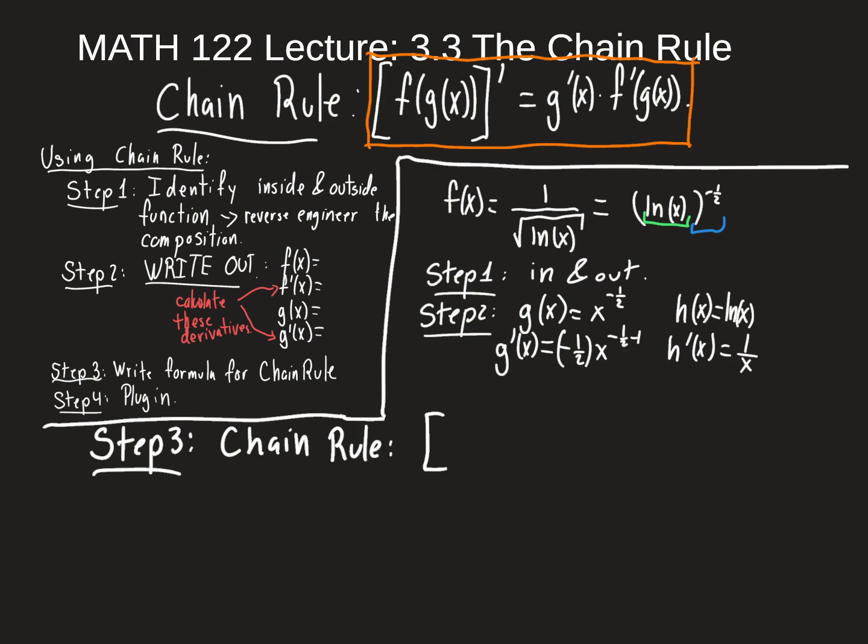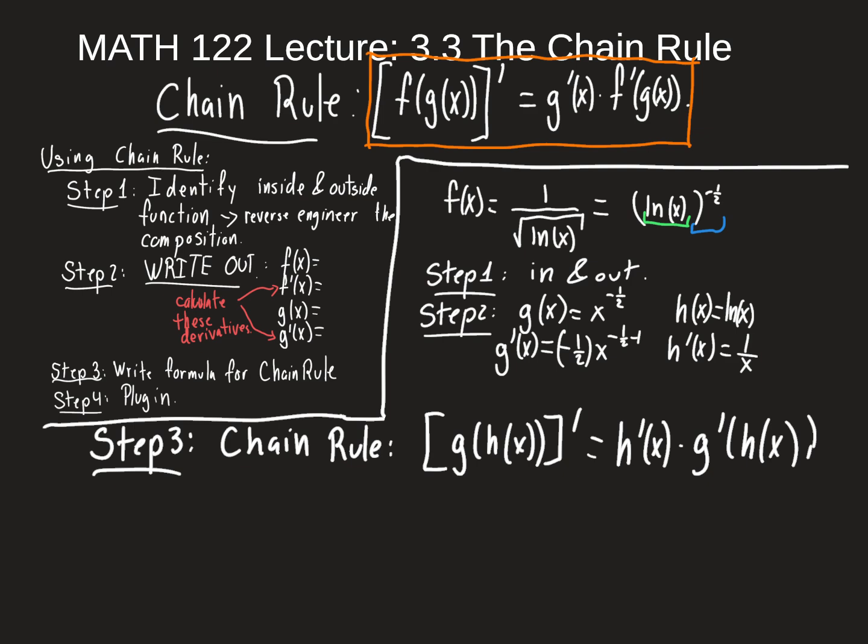So this time it will be the derivative of g of h of x is equal to the derivative of the inside, which is h prime of x, I should say, times the derivative of the outside, so we have g prime, but where you plug in just the original inside function h of x.